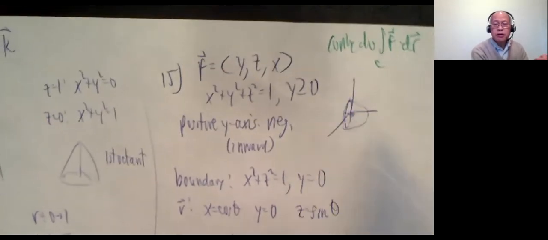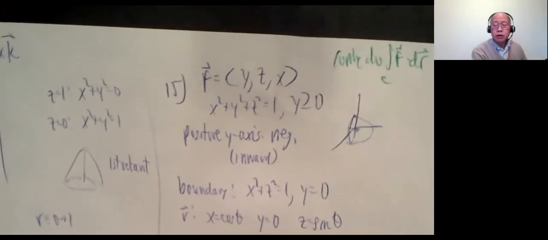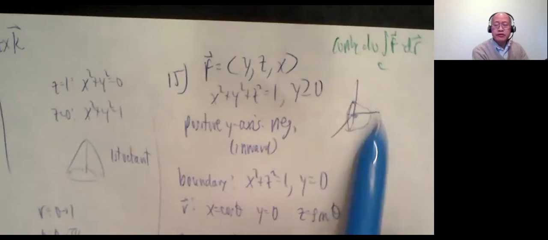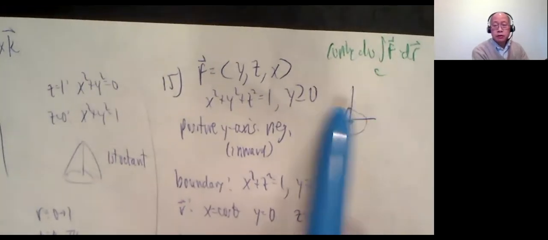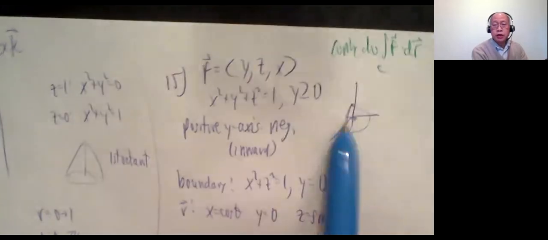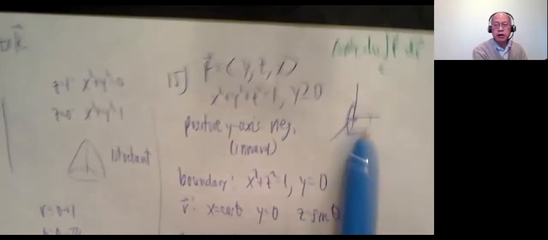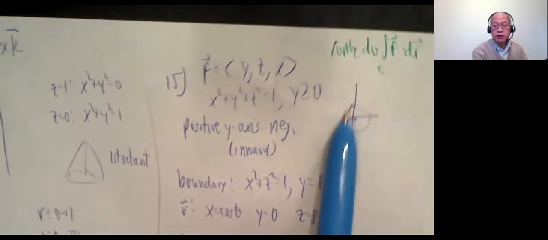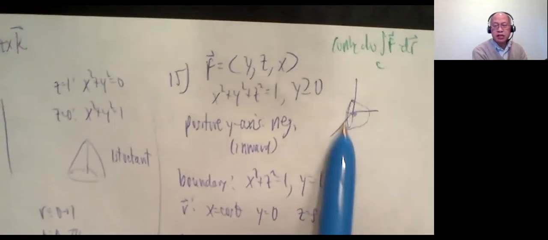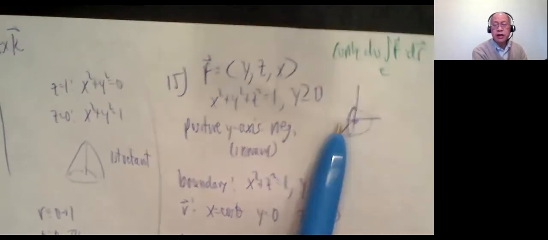If you only have this part, you're going inward. Can you see this hemisphere? If I didn't have this restriction, I'd have the whole sphere. Now y is greater than or equal to 0, so you throw out this part and you have this part here. The boundary curve is x squared plus z squared equals 1 and y equals 0.